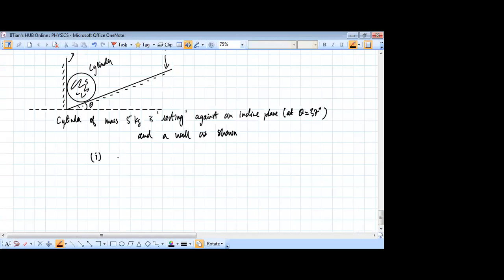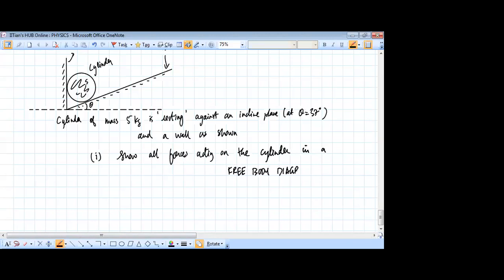So first, show all forces acting on this cylinder in a free body diagram.